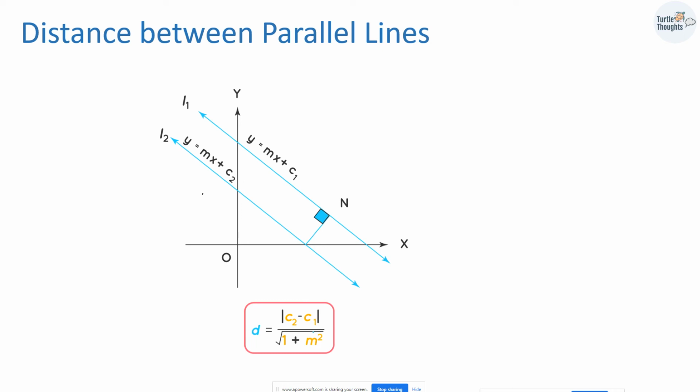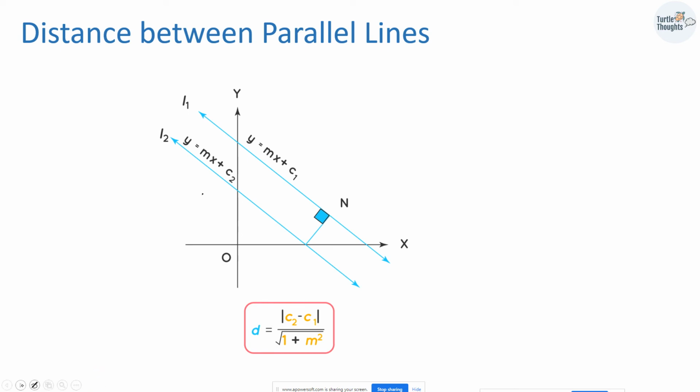Only m is taken, m1 and m2 is not taken, because in parallel lines the slopes are going to be the same. So d is given as c2 minus c1 or c1 minus c2, it does not matter, because we are taking the modulus, divided by root of 1 plus m square.